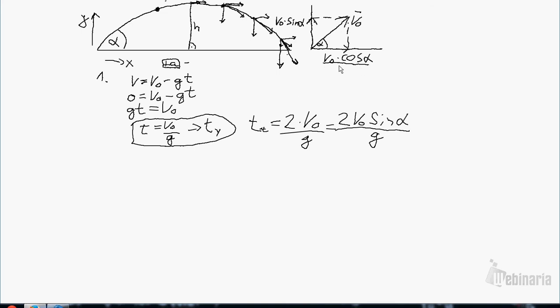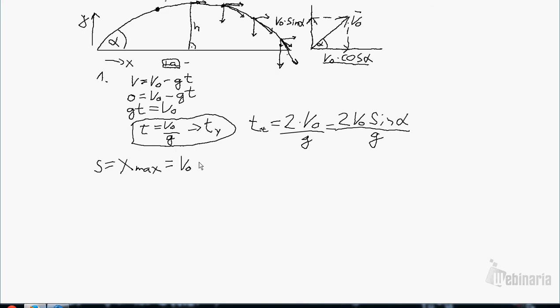And why? Because we just calculated that the time needed to go up is multiplied by 2. This is the time up and down. So exactly when the body, the object, goes down and hits the surface, it has to be here. Well, something like this. It goes up and goes down. Okay, I think it's clear.